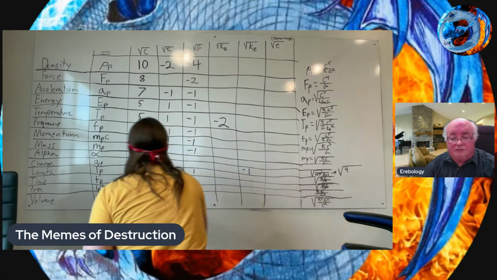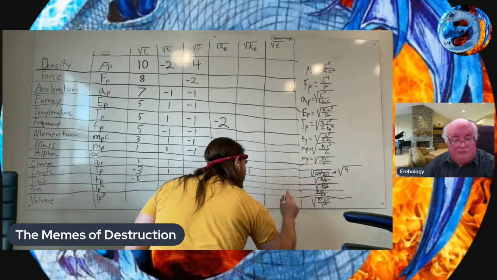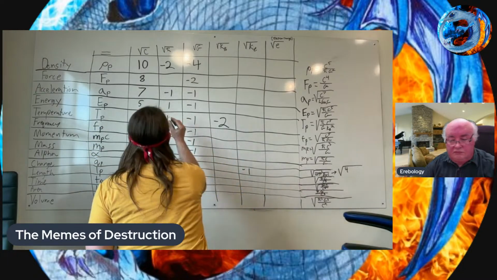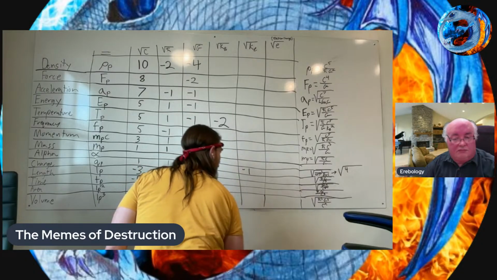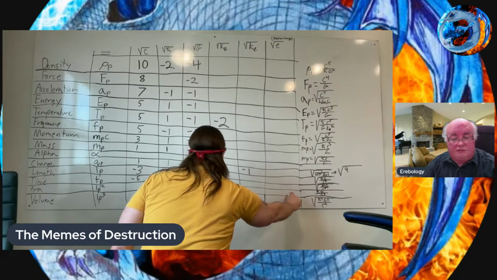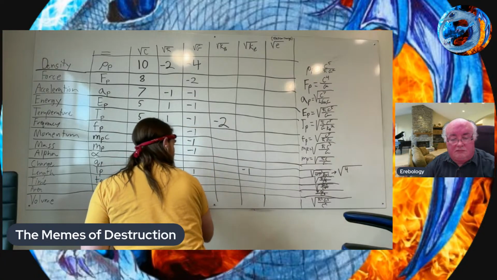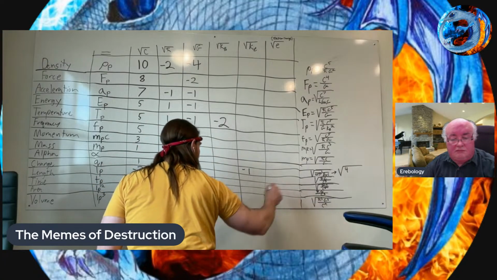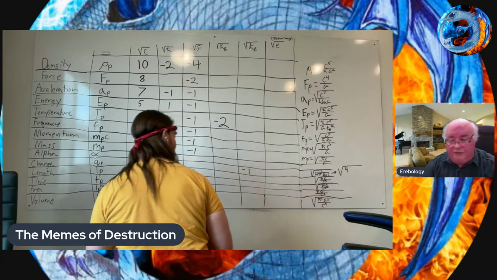So it's going to be -5 for radical c. That's going to be 1 radical h bar, 1 radical g, and then we've got area, which is going to be 1 radical h bar, 1 radical g, and then wait, no, it's going to be 2 because that's not under the radical.